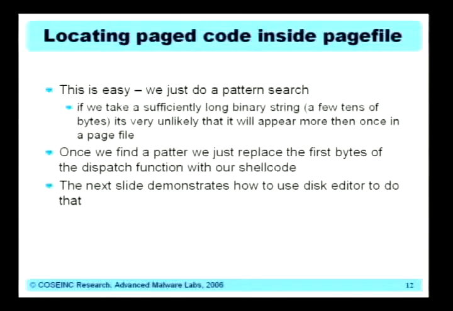So we can just find the beginning of this function by pattern searching. If we take the first 64 bytes of the function, there's very, very little probability of finding something else. In fact, I never experienced finding something else in a page file. Even though a page file can have many gigabytes, if we search for a 64-byte string of opcodes, it's very unlikely that we find something other than our function.